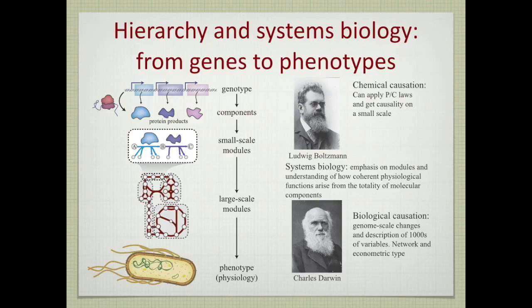Thermodynamics, kinetics, thermal motion, and stuff like that. Very much causation in physical chemical terms. But at the other end of the spectrum, we think about biological causation. We think about selection. We think about willful generation of alternatives. We think about mutations.